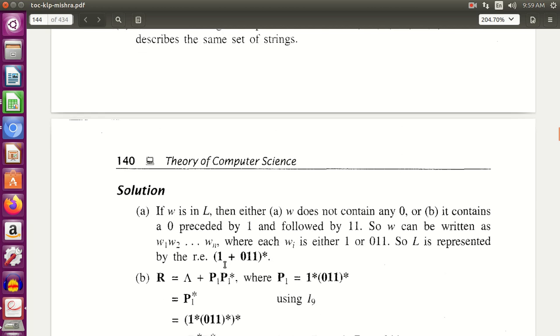So we can design the regular expression in this form, that it can be either a 1 or a 0 1 1 and any combination of this. So we can have a 0 followed by 2 ones, or we can have a single one and any combination of this. Is the logic clear? Why is the regular expression being designed like this?